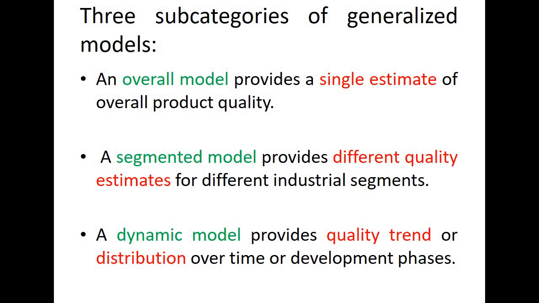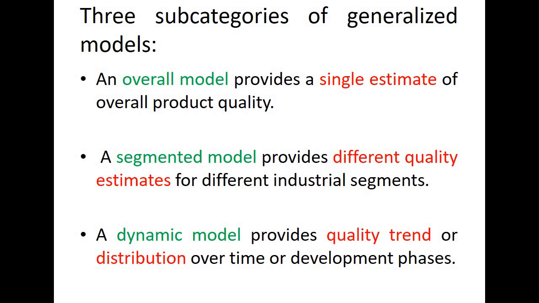The segmented model provides different quality estimates for different industrial segments, so for every segment of the application, I'll provide a different quality estimate, whereas the overall model gives a single estimate of overall product quality.